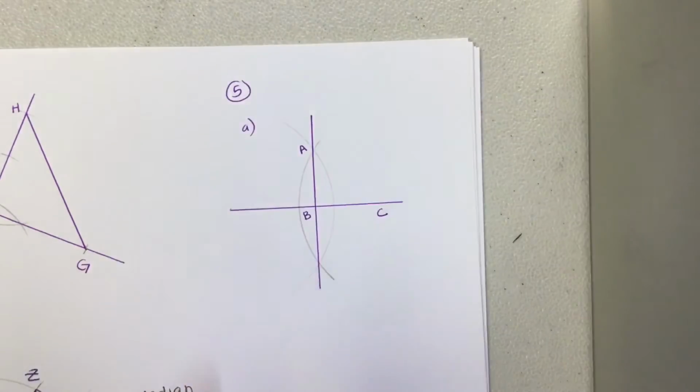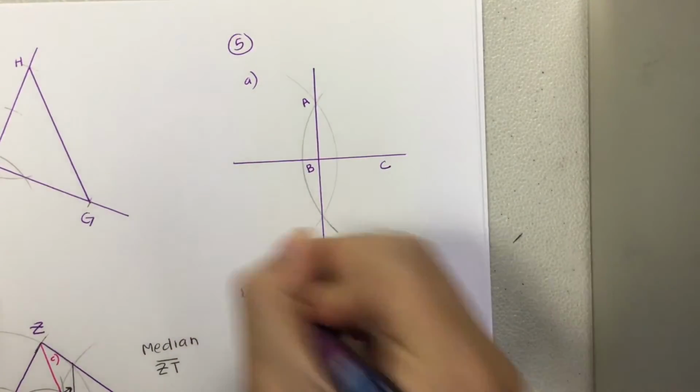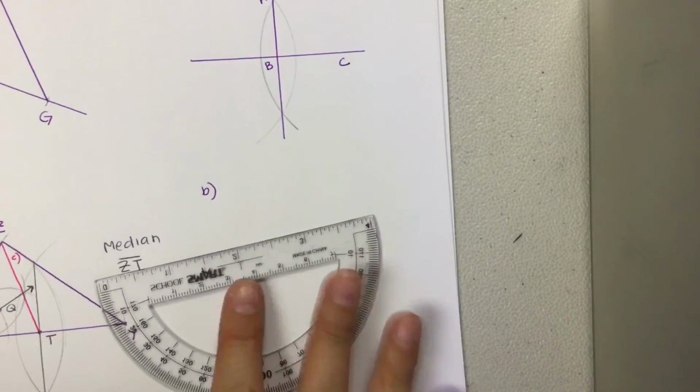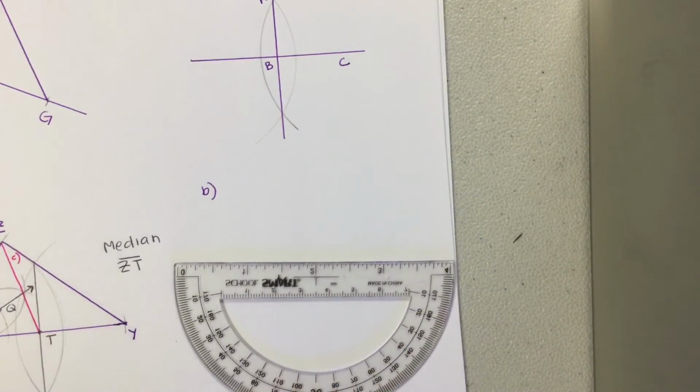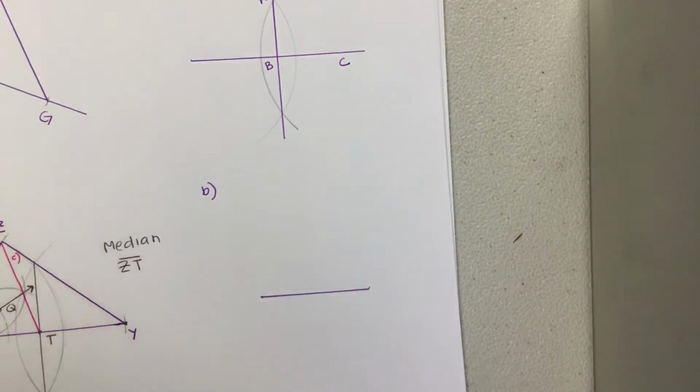For part B of number 5, we want to construct a 60-degree angle. So to construct a 60-degree angle, we're going to draw a line segment, and then I'm going to create an equilateral triangle. All equilateral triangles are equiangular.